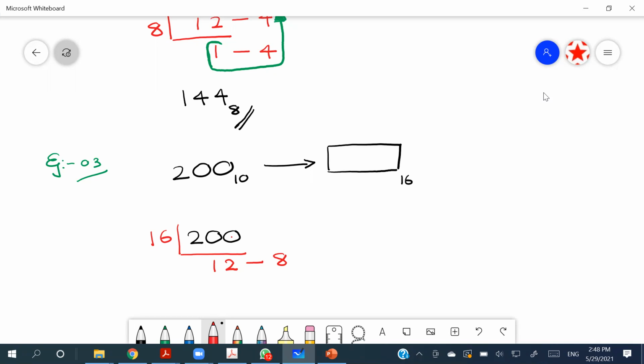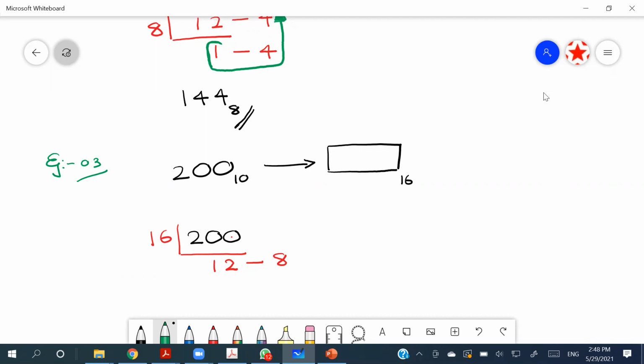Now, be very careful when you are writing the answer. You know how to write the answer. The method is to start from the place where you have stopped and then go with the remainders. But when you are considering something larger than 9 in hexadecimal, how did we represent those? 10 as capital A, 11 as capital B, 12 as capital C. So we don't write 10.